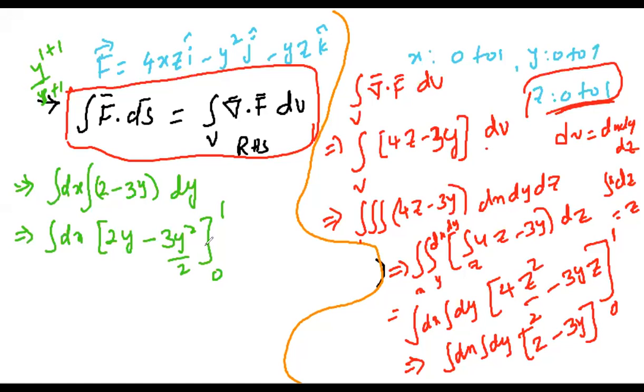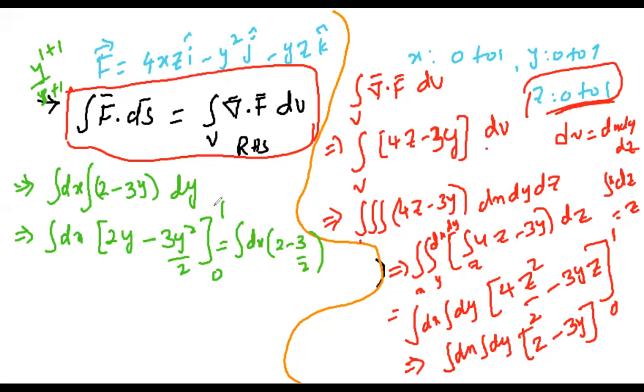Now I have to simplify this. What I am going to get is the integral dx. When I apply the limits, I get 2 minus 3 by 2. When I substitute zero, you don't get anything.